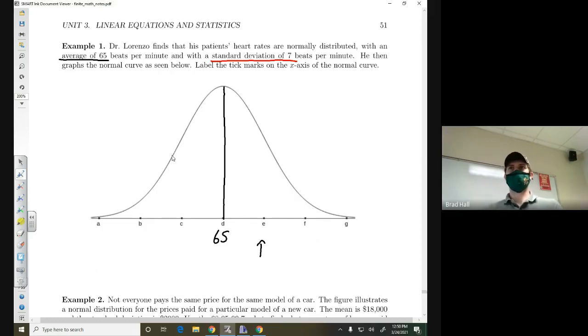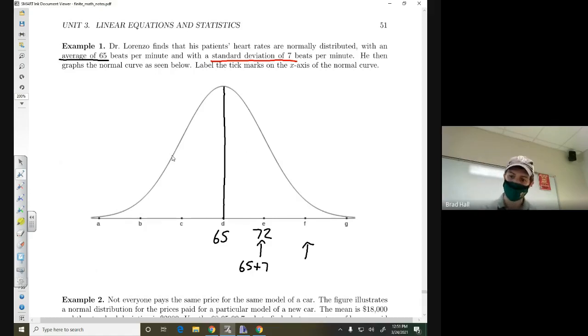Add 7 to 65, because we're going one standard deviation above the mean. So 65 is the middle, and you go one standard deviation above the mean. So that'd be 65 plus 7. That's one standard deviation above, which is 72. And so the next one is 79.